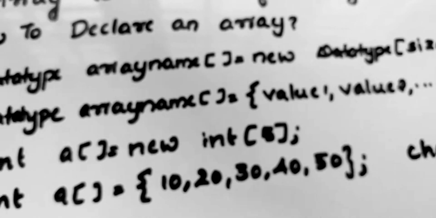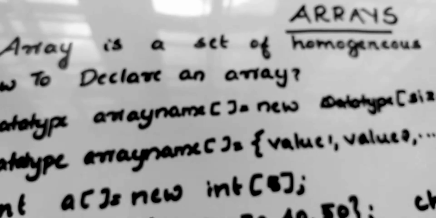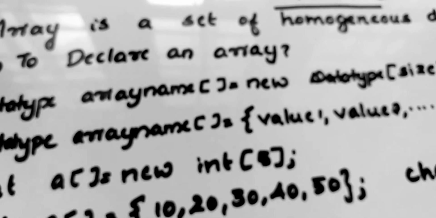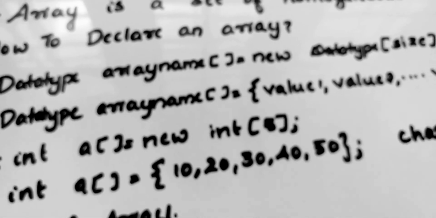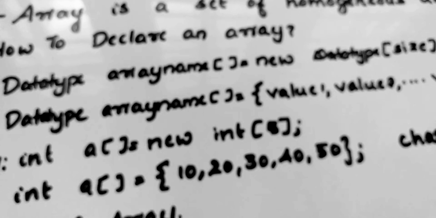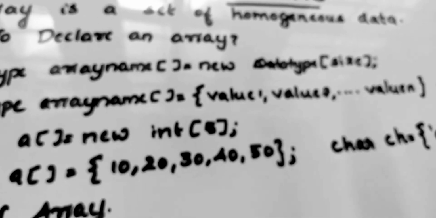By using this first syntax, we can input values to the array by using the Scanner class. Clear? The second method of declaring an array is data type, array name, then open and close square brackets, equal to open brace, and inside that we insert the values.